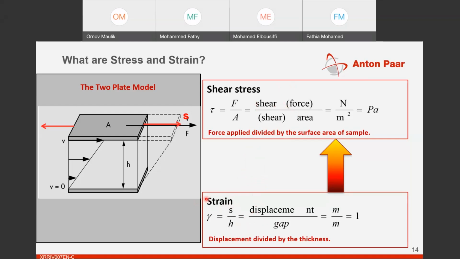Because in most cases, strain is a motor quantity, meaning you can easily define a deformation using any electronic motor, and shear stress is mainly a sample quantity. So it is always better to control the strain and measure the stress rather than vice versa.